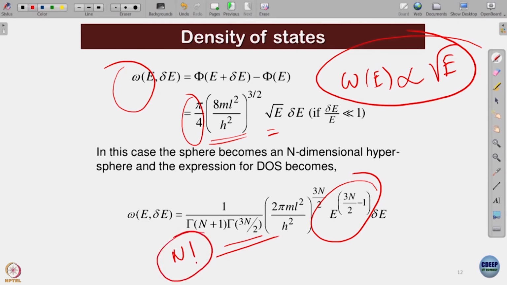And the 4 pi by 3 factor comes in the volume like that, and then this is coming again from the particle in a box energy.